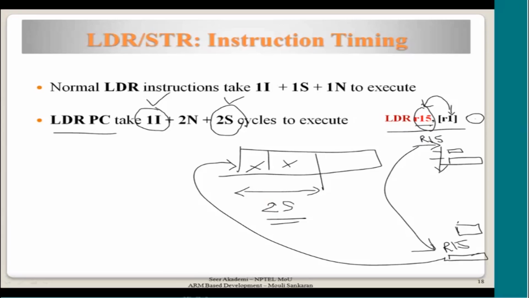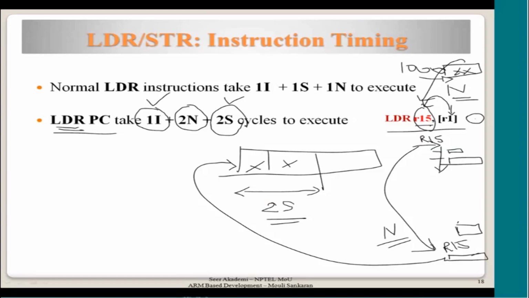Now what is 2N? When you are doing an LDR, you are not loading the value in R1, you are loading the value pointed to by R1. Suppose R1 is pointing at some address 1000, whatever is the content there is loaded into R15. That means this instruction is doing a non-sequential access of data. This is one non-sequential access, and another non-sequential access is to go to the new R15 and access the code.